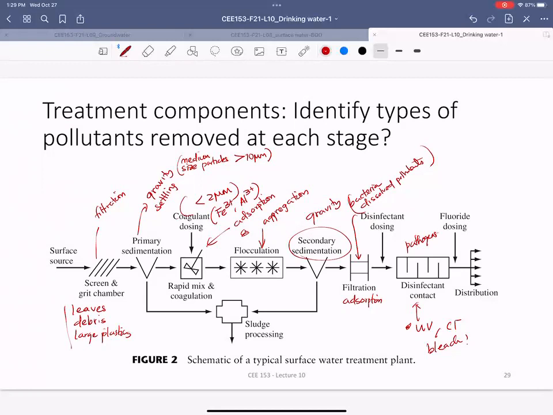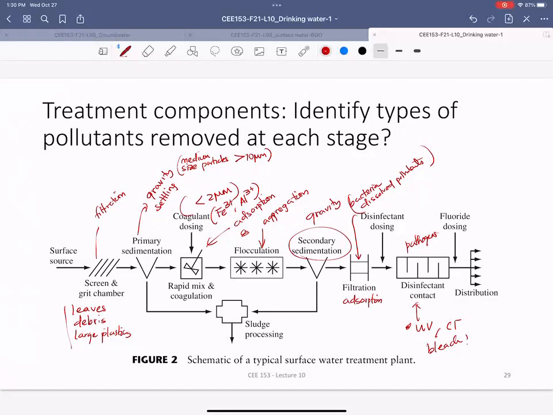If you put disinfectant here instead of here, there is an issue, because you have so much particle and debris that you have to add so much disinfectant, because the disinfectant will be absorbed by those particles. So you want to have disinfectant when there is nothing left, only bacteria to kill. Because if you have any turbid water, that's going to absorb a lot of disinfectant. The efficiency will be much lower. So that's why disinfection is always at the end, because you don't want to waste your disinfectant.